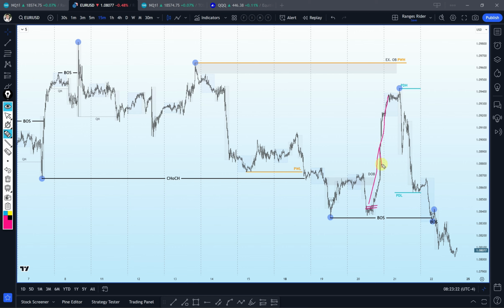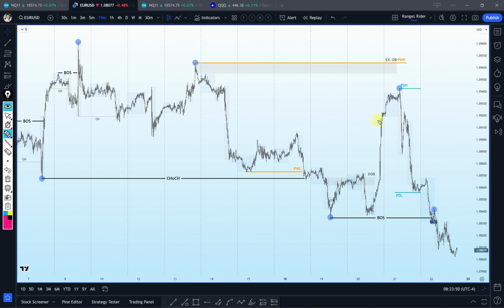If we get some entry long here, entry long here, because we know the fact that it is very unlikely, in some cases it does, and in this case it did, that the market will go in just one leg like this. The market usually goes something like this, and we will try to find the ranges here until we reach the extreme order block, and then we will sell.